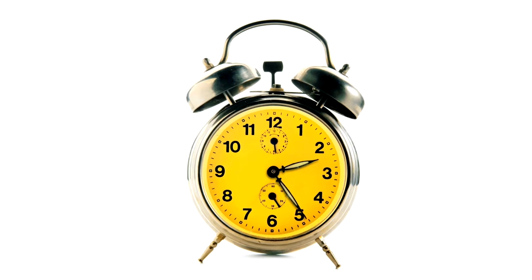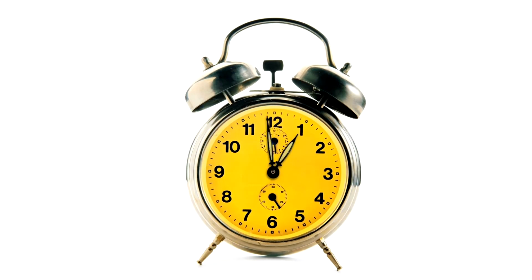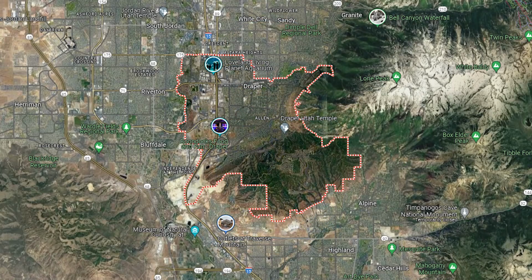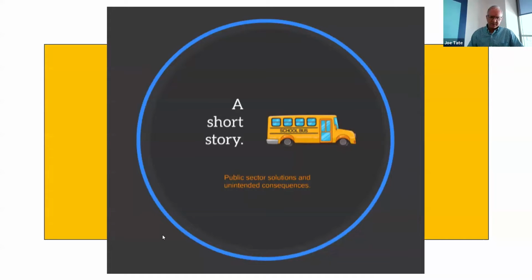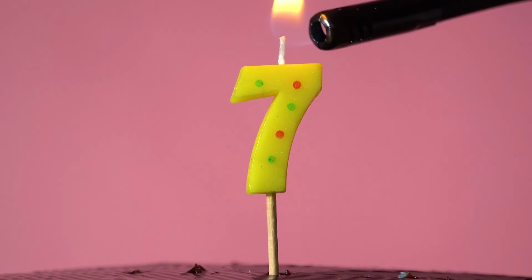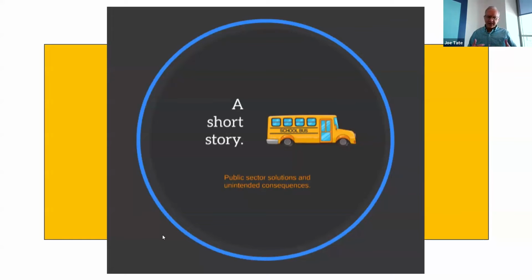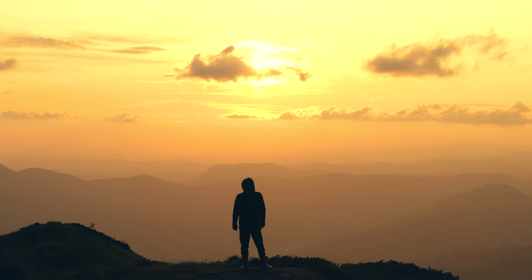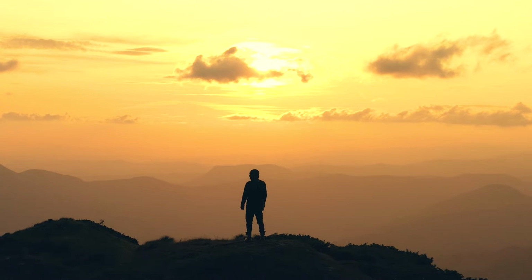It was several years ago that my family moved to Draper, Utah, and we came to find out quickly that the elementary school, a public elementary school, for my two oldest sons was not close at all.